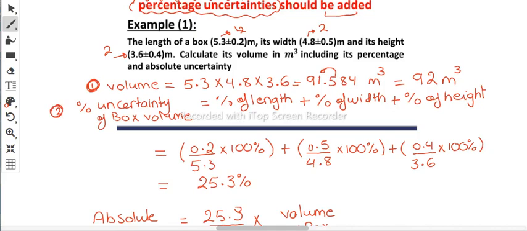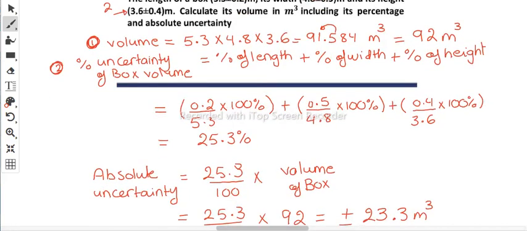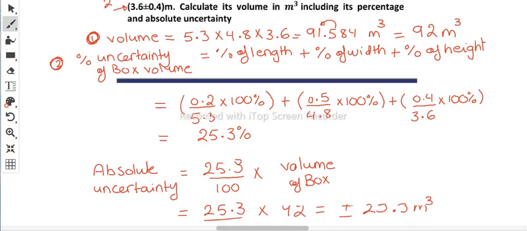Then we take into consideration having your final answer in the correct number of significant figures, which is 2. After that, we continued with the percentage uncertainty of the box. So you need to take the percentage uncertainty of each variable presented. So it is the percentage of the length plus the percentage of the width plus the percentage of the height. We apply to find out the total percentage of your volume.